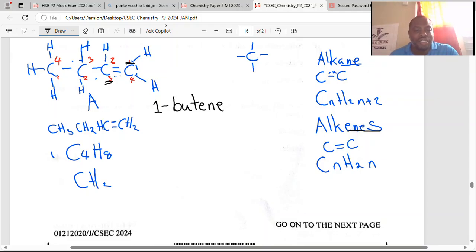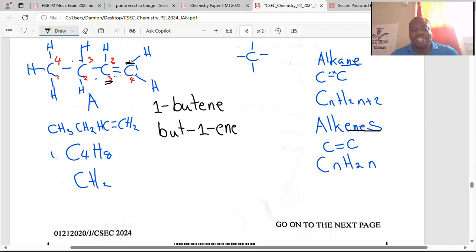Now, alternatively, you sometimes see in textbooks or even online, the number appears in between. So they have the prefix, which is for the amount of carbon, then you have the number. So we have what we call 1-butene, or but-1-ene, sorry.